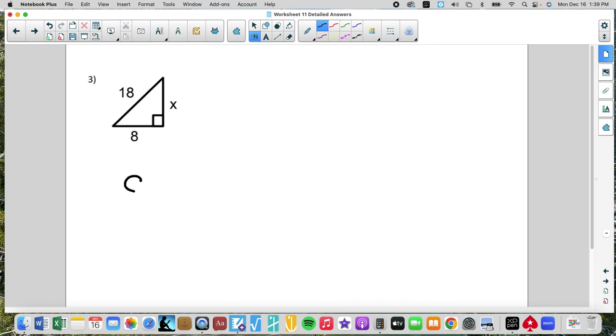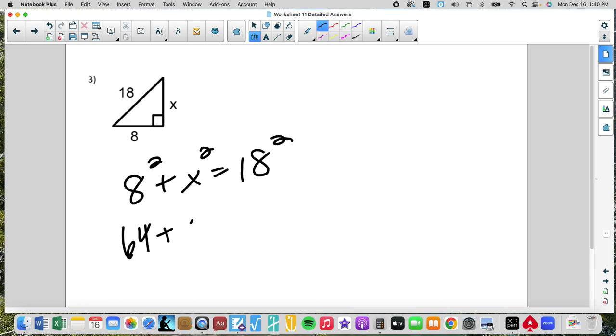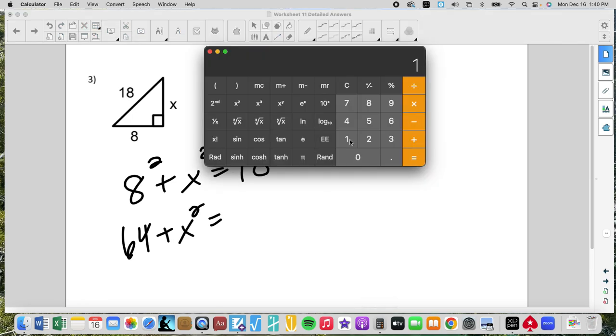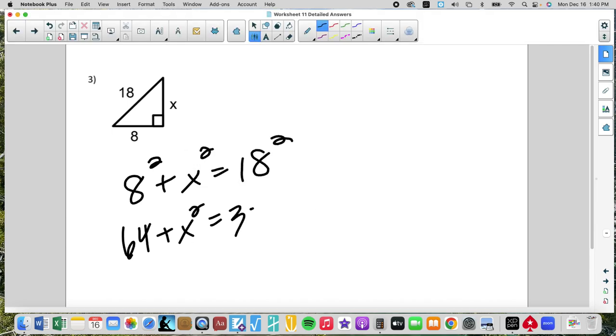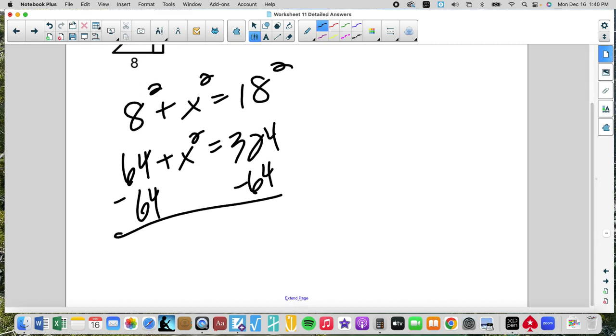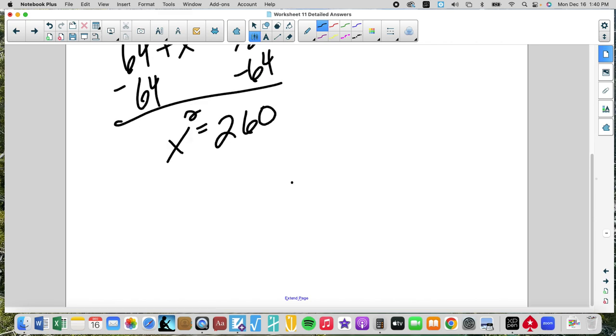So here we have 8 squared plus x squared equals 18 squared. 64 plus x squared equals, I don't know what 18 times 18 is. 18 squared, 324, minus 64, minus 64. X squared equals 260. Take the square root.